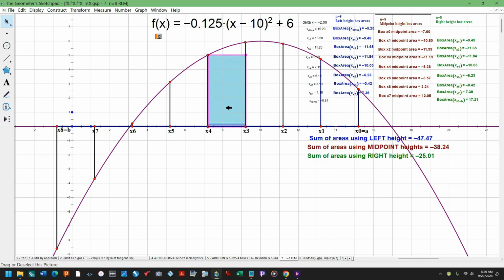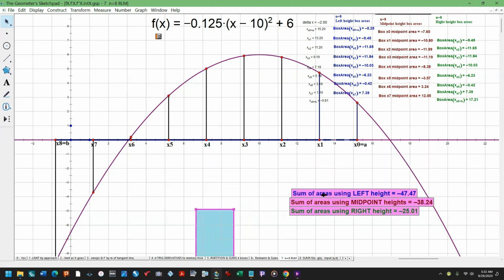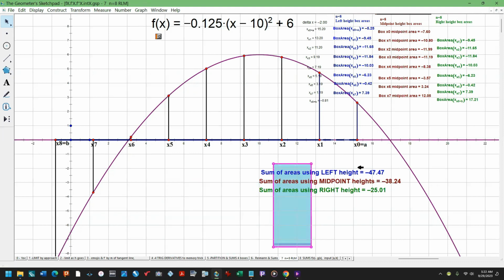So you could go left hand, right hand, or midpoint. And this provides the computation so that you can see that the sums are close but not identical.